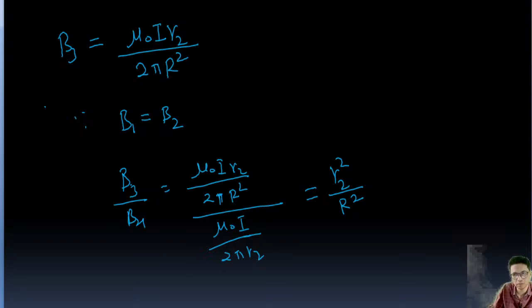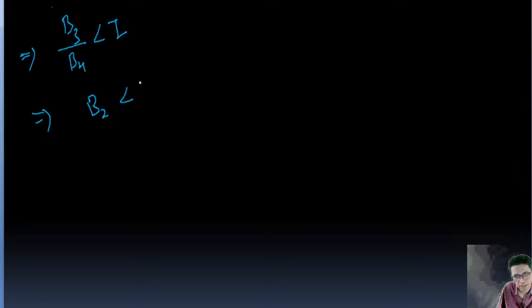So it means this value is going to be less than 1, which implies B3 upon B4 is less than 1. Okay, that implies B3 is less than B4.